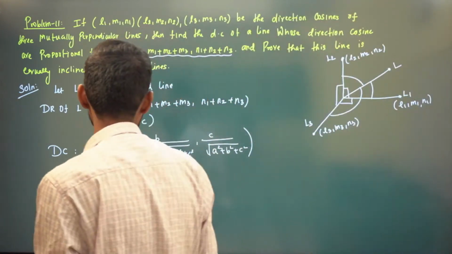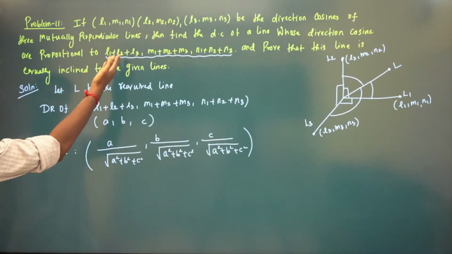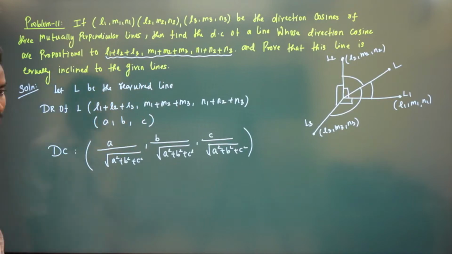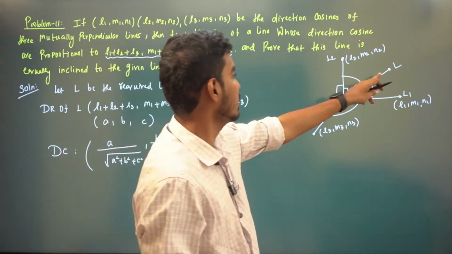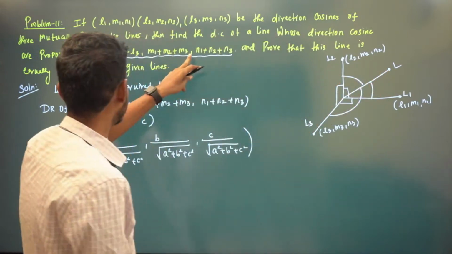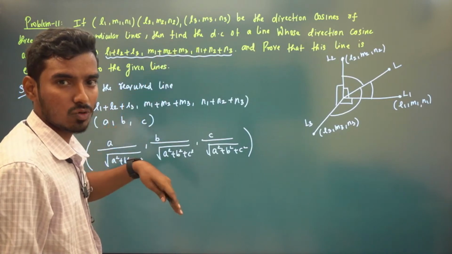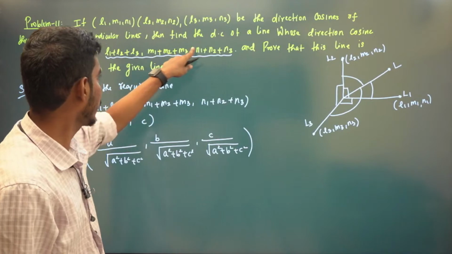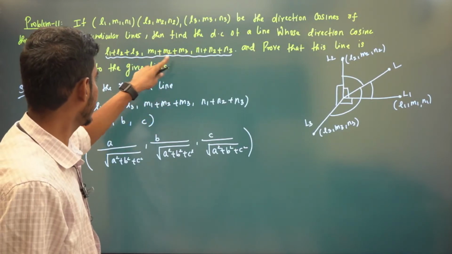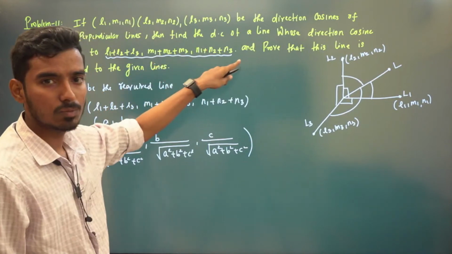So what is not clear here? This is nothing big. If you have watched the previous two videos, this is nothing to follow. They have given that we need to find the direction cosine of a line proportional to that. That means this is a direction ratio. If you know the direction ratio, how do you find direction cosine? You need to normalize that. So this divided by root of a square plus b square plus c square, this divided by root of a square plus b square plus c square.